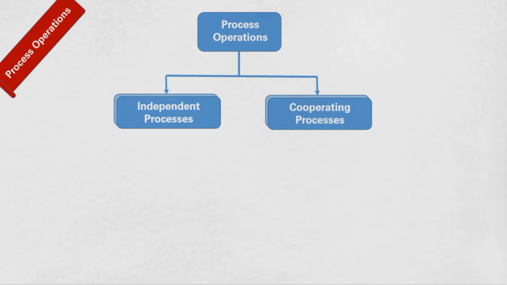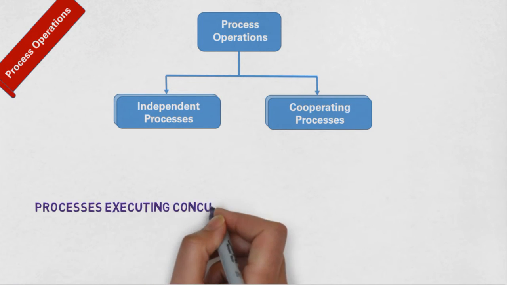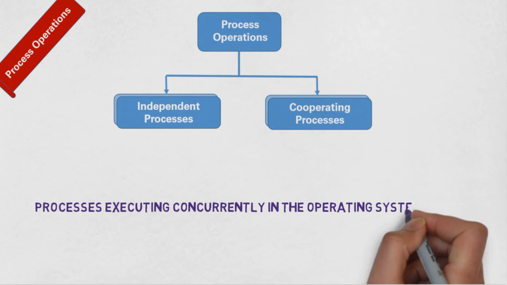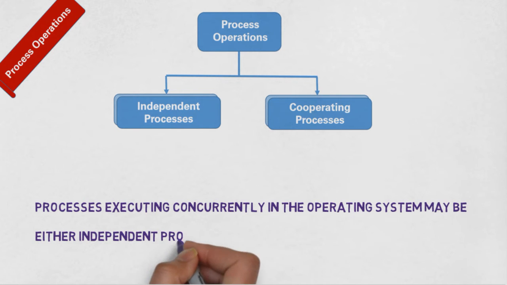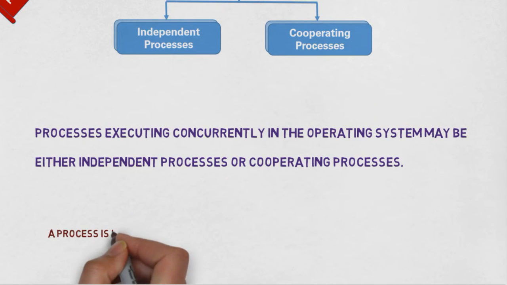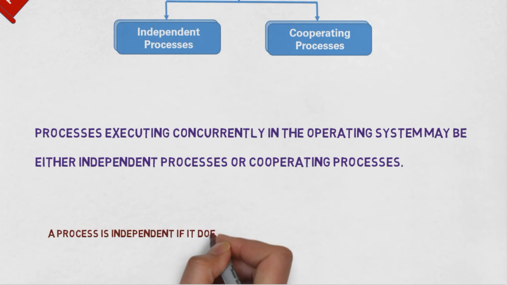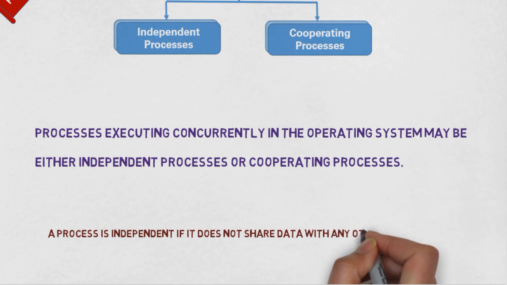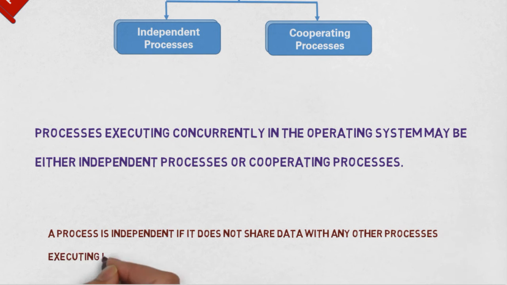Processes executing concurrently in the operating system may be either independent or cooperating processes. A process is said to be independent if it does not share data with any other processes executing in the system.